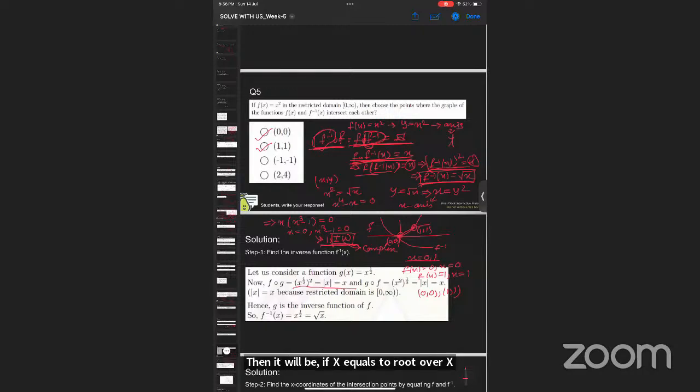Okay, ma'am. Got it. Yeah, and after this, we are just taking f inverse x as another function, right? So we can take it as g of x equals to root over x. This is another function, and we are just taking g of x equals to y.